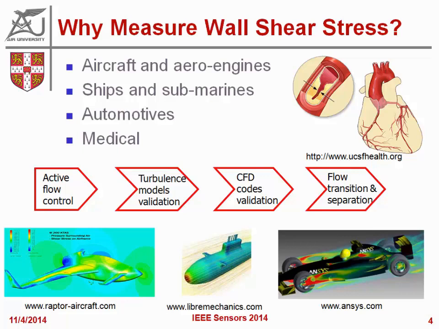Even for the medical people, the onset of coronary artery diseases is linked to the wall shear stress at the endothelial cells, which, when they experience higher than usual wall shear stress, there's a stronger chance of getting a heart attack.